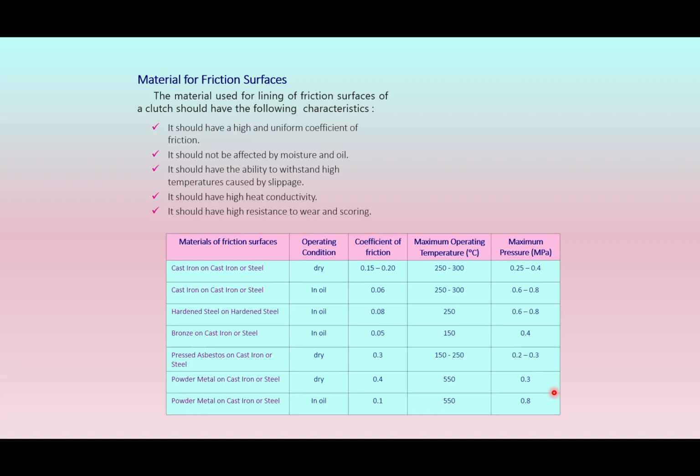When you refer to this table, you have the operating conditions of all these types of clutches: the frictional materials, the coefficient of friction, the operating temperature, and the maximum pressure of those materials.